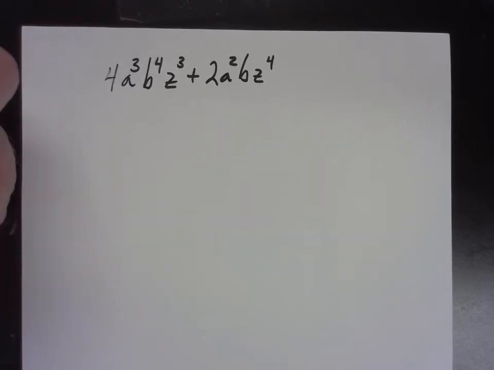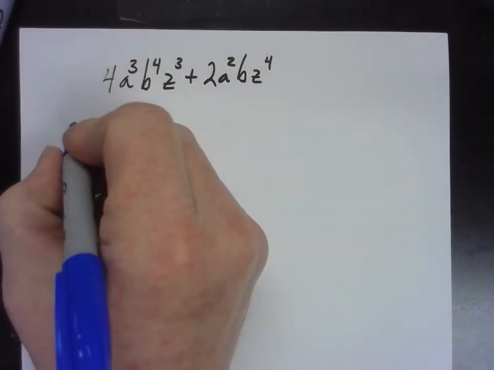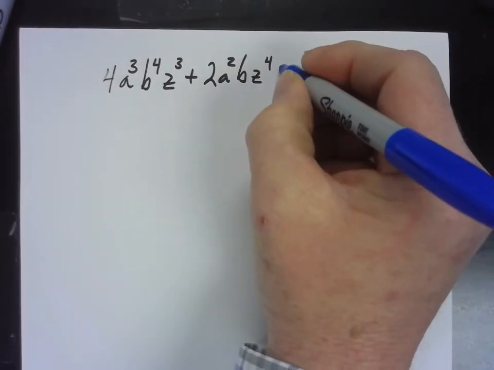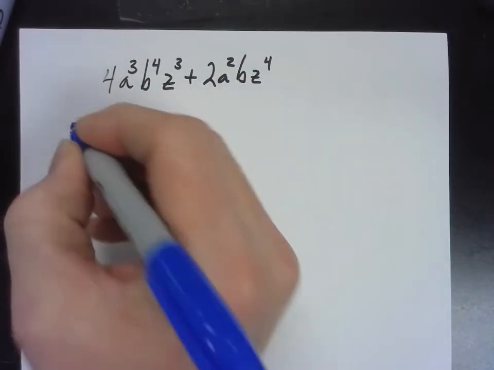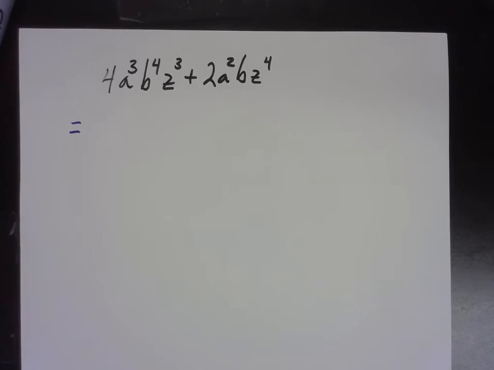Okay? Now, underneath, well, you can do it here, but usually we put the equal sign here. What's our greatest common factor?